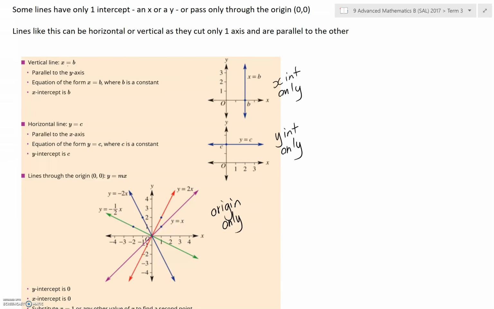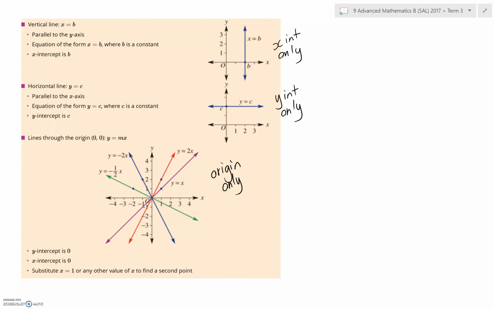The next ones we've got are lines that go through the origin, and you can see here there are examples of a whole stack of different ones, and of course they could go in any direction for the 360 degrees of our four-quadrant axes. Now the form that these lines are in is y equals mx. So there's both a y and an x because it's cutting both the y-axis and the x-axis at the 0 point, which means the values of both of those are 0.